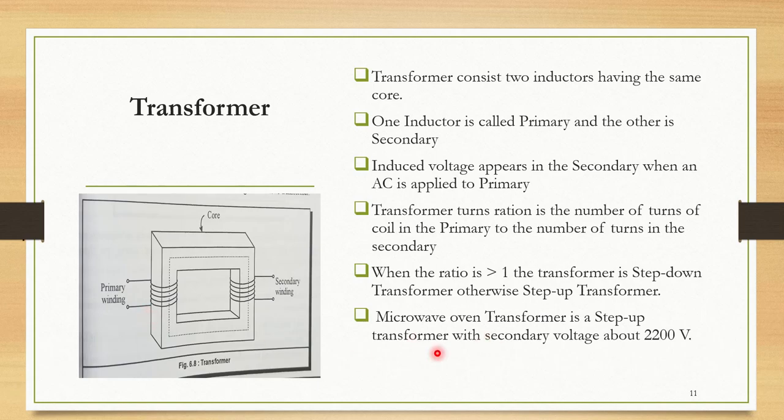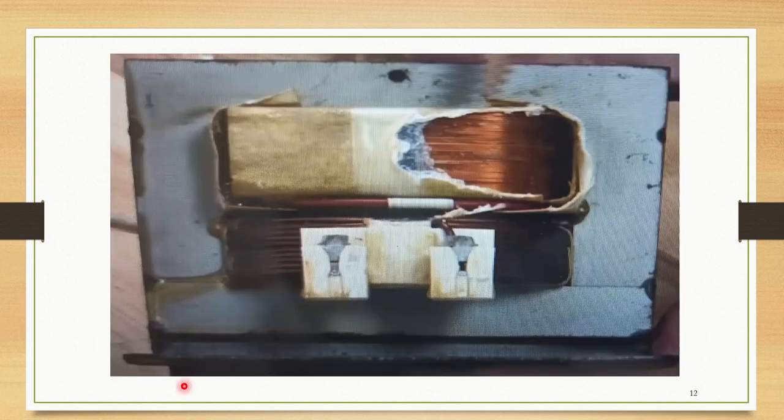That is why it is a step up transformer. This is an example of your microwave transformer. This is your secondary inductor, this is the primary inductor. Here the windings are more, here they are fewer.